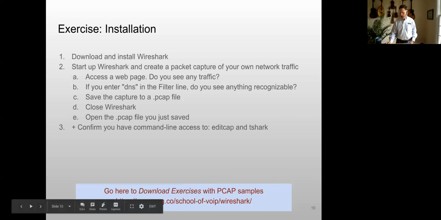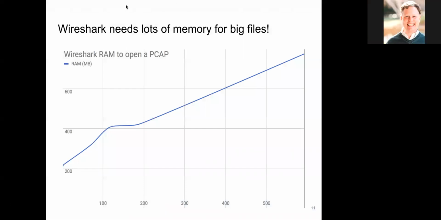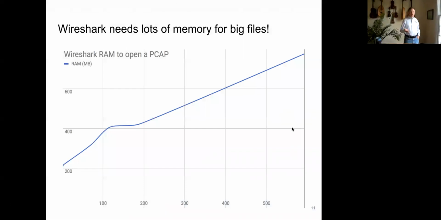Okay, so picking back up, let's talk about some of the pragmatic factors of using Wireshark. It's going to use a lot of memory. I did a little graph here on one of the recent versions of Wireshark.